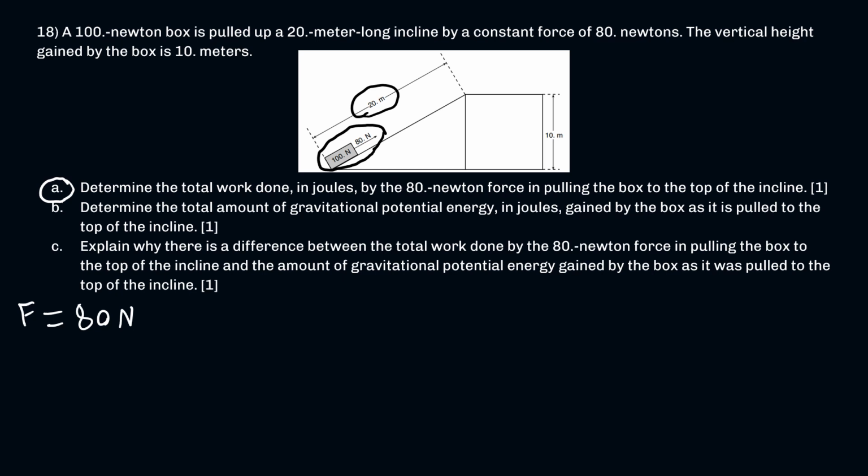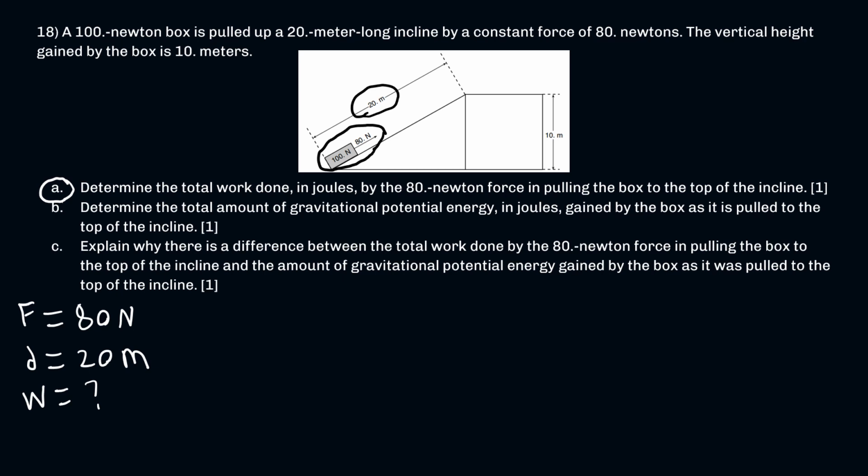It doesn't say anything about showing all work and substitution with units, so you don't actually have to, but it's good practice again to do all of this for the questions that do require it. So the box is being pulled up the incline, and that is a 20-meter distance. So D is equal to 20 meters, and it's asking me to find the total work done. So W is a question mark.